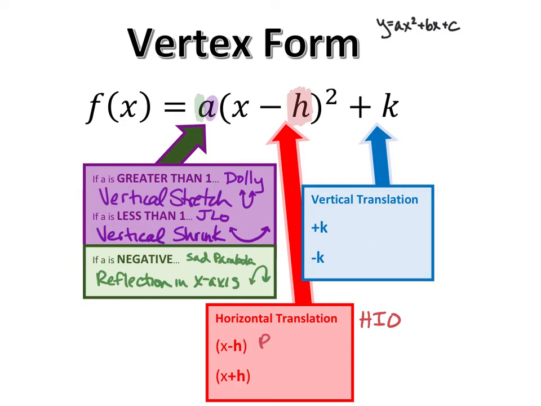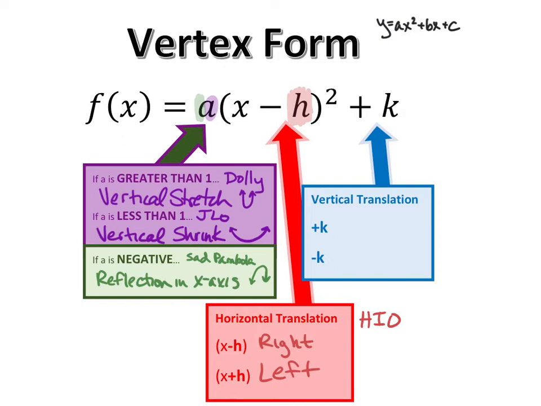So that's going to move to the right. So minus sign is to the right. But if you have a positive number in there, that means you've plugged in negative, because negative times a negative is a positive. So the positive signs in those parentheses are actually going to translate this graph to the left, the opposite of the direction that you think.